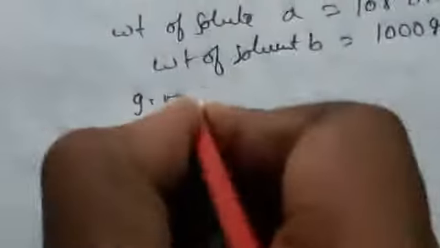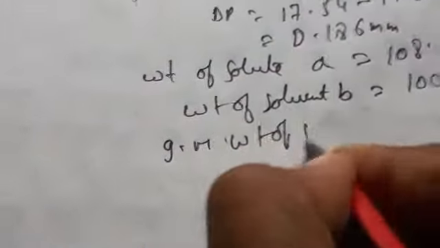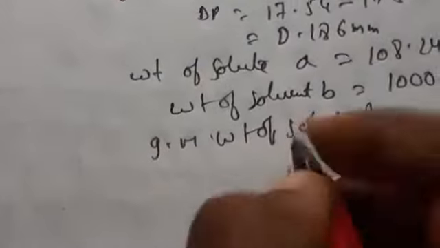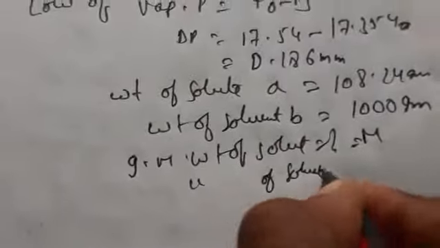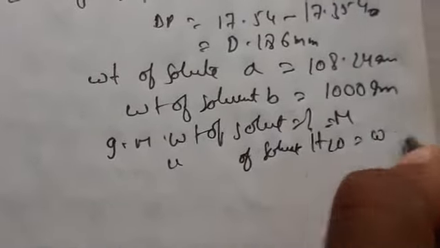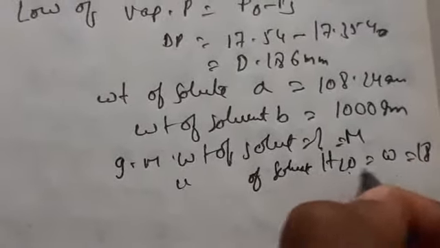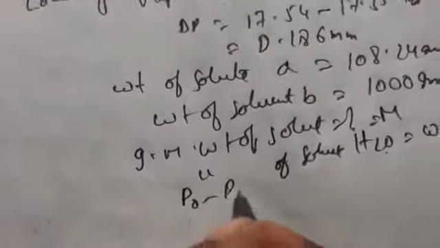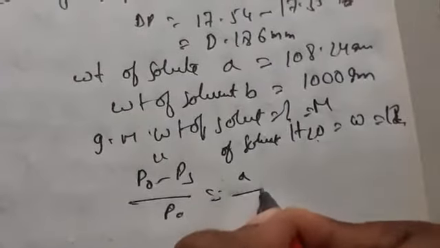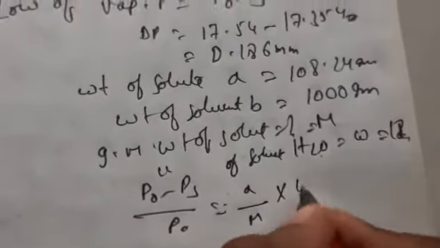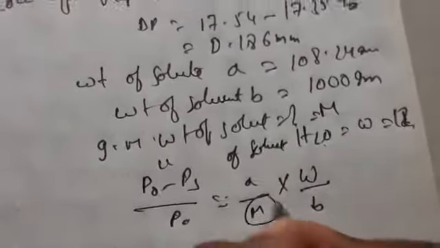Now gram molecular weight of solute we have to find, that is M. Gram molecular weight of solvent, for H2O how much will it be? W is equal to 18. Why? Because 2 plus 16, 18 grams. Now you substitute in this formula: P naught minus PS by P naught is equal to A by M into W by B. This one we have to find.